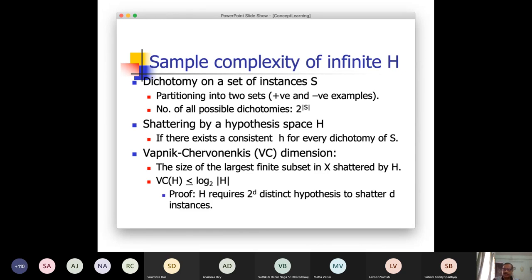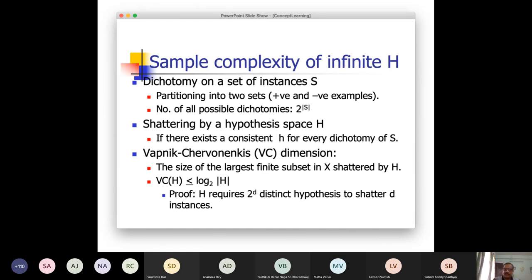The proof is direct: if H requires 2 to the power d distinct hypotheses to shatter d instances. I mentioned in the previous case, you require 8 straight lines to shatter the 8 labelings of 3 points.